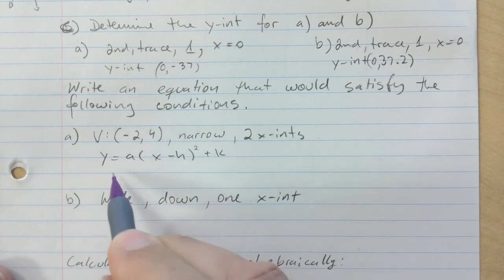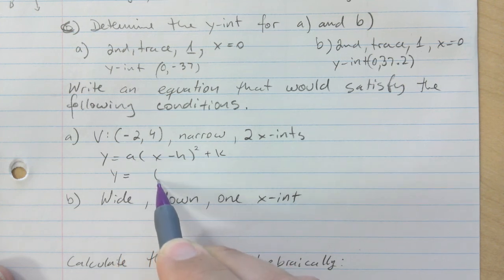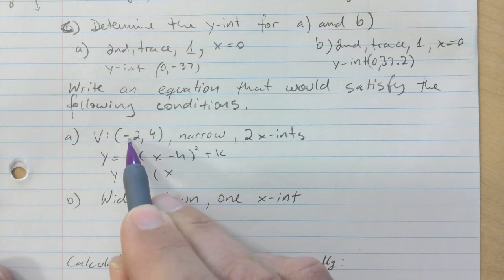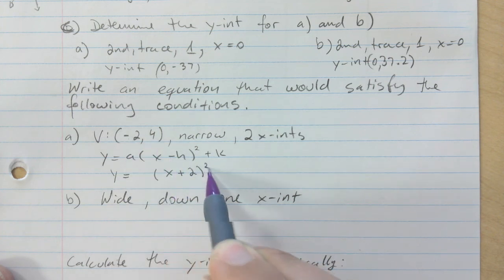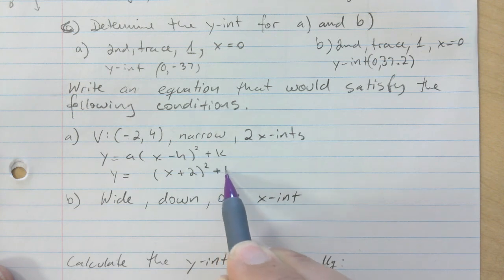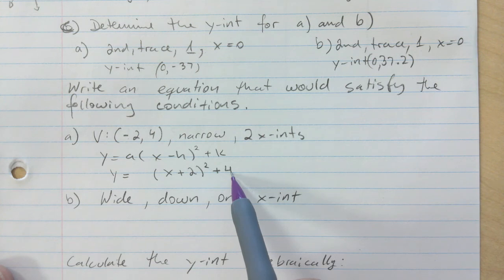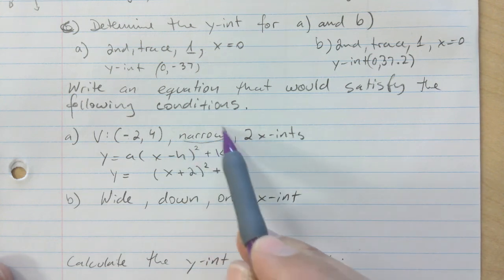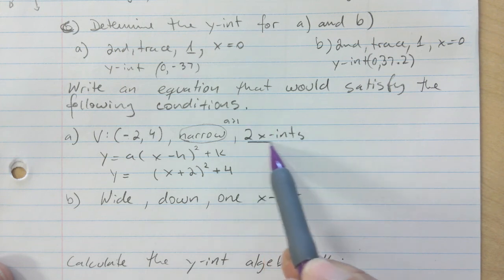So we would go y is equal to, I'm going to leave A for now, but I'm going to put down x. Since this is negative, it comes in here positive. So I'm going to take care of the vertex first, and the y value stays the same. You want it narrow, so that's easy. Just make a greater than 1. You want 2 x-intercepts.